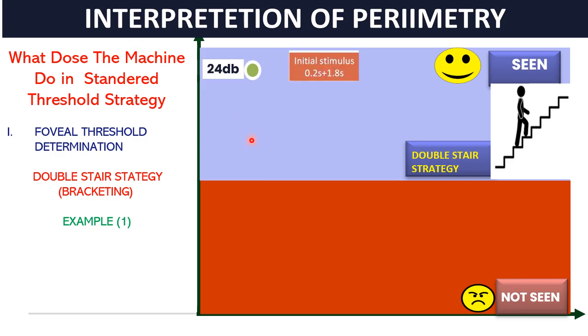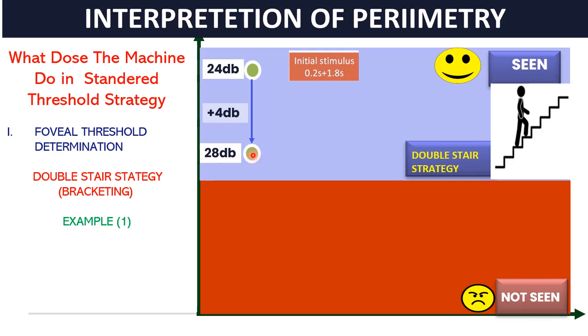So the next stimulus will be around 28 decibel to decrease its intensity. The initial stimulus was 0.2 seconds in duration, and the reaction time of the patient up to 1.8 seconds. So the initial stimulus is 24 decibels, and we add another 4 decibel filter in front of the stimulus, so that it is attenuated to 28 decibel to decrease its intensity.